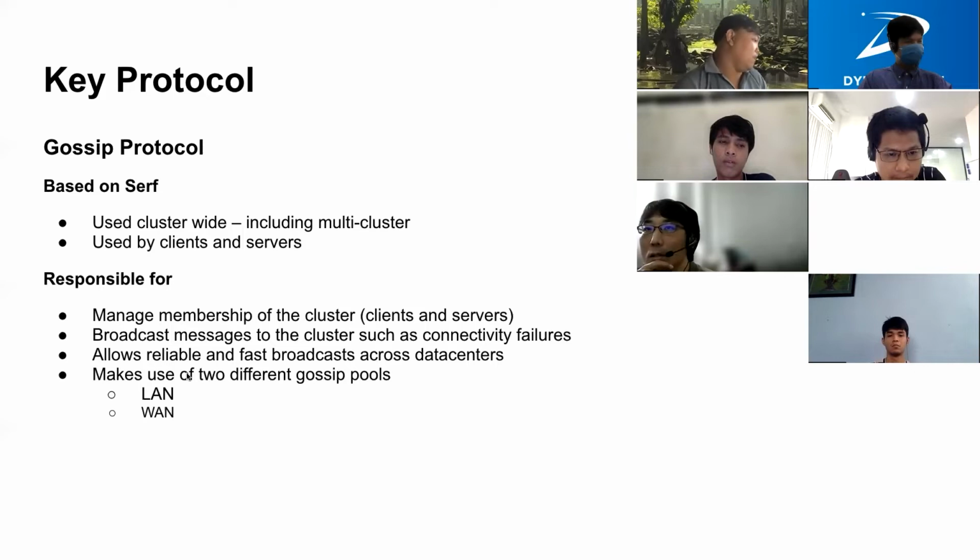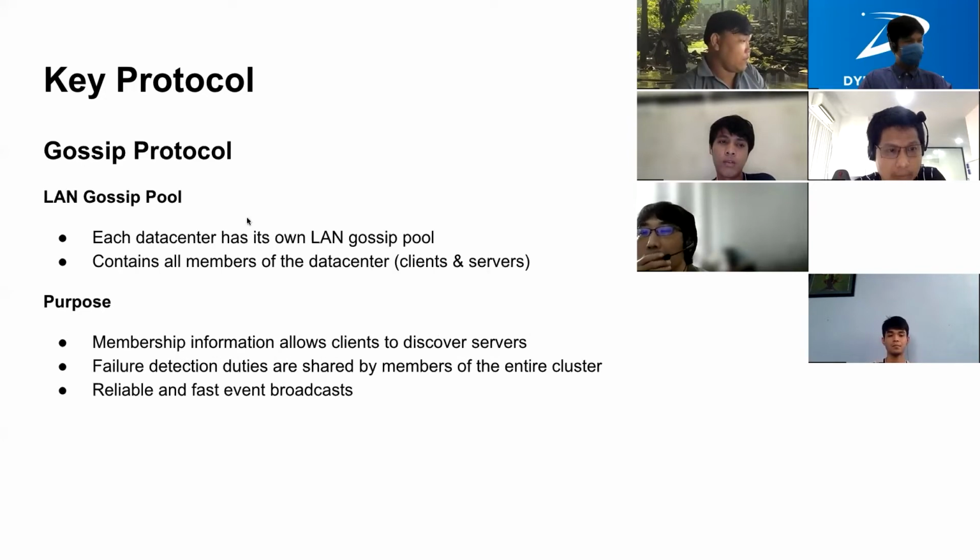It makes use of 2 different gossip pools: a LAN gossip pool and a WAN gossip pool. With the LAN gossip pool, each data center has its own LAN gossip pool that contains all members of the data center, including clients and servers. The purpose of the LAN gossip pool is membership information, allowing clients to discover servers, failure detection duty shared by members of the entire cluster, and reliable and fast event broadcast.